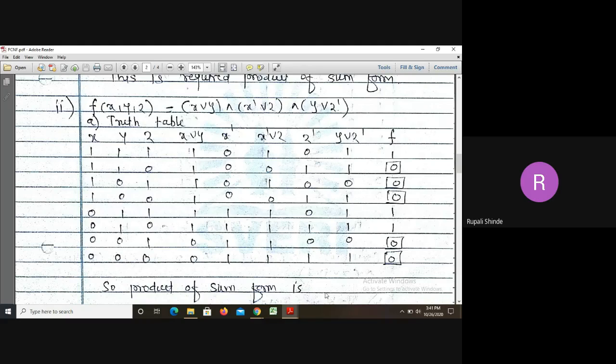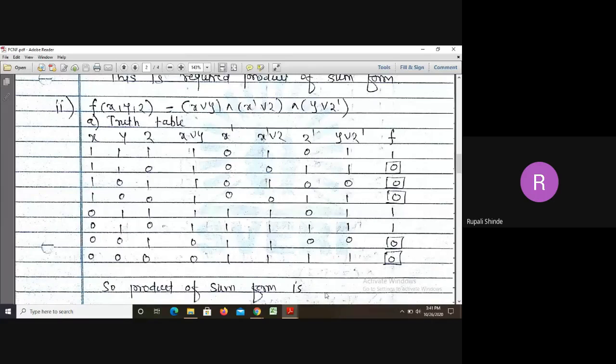If your final column is containing 4 ones, then only for those 4 ones we are looking for what are the values of x, y, z. So again, what is the rule? If the value of that variable is 1, then we have to consider that one in its correct form. As well, if that variable is containing value 0, then we have to take its complement. So likewise, we can find the PDNF for the given expression using the truth table method.